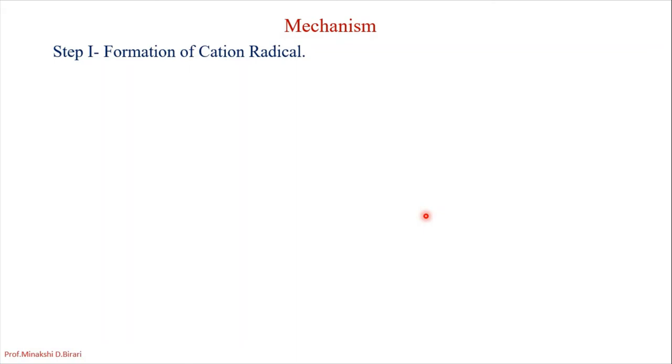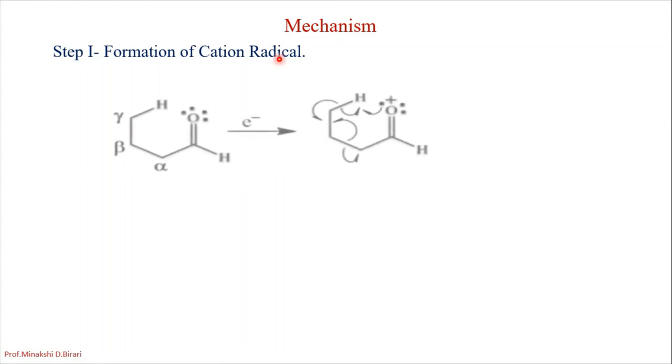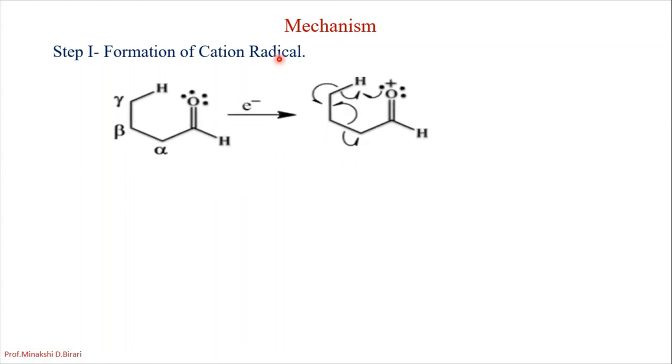Now the first step in the McLafferty rearrangement is the formation of a cation radical. The McLafferty rearrangement is an intramolecular rearrangement, and the first step involved is the formation of a radical cation. As we know, the molecule is bombarded with energetic electrons, and there is a formation of the molecular ion, also called a radical cation.